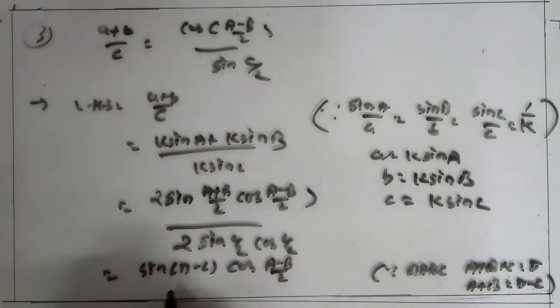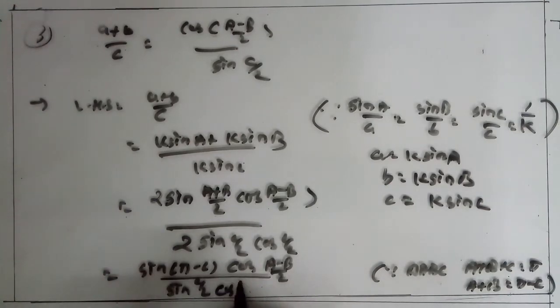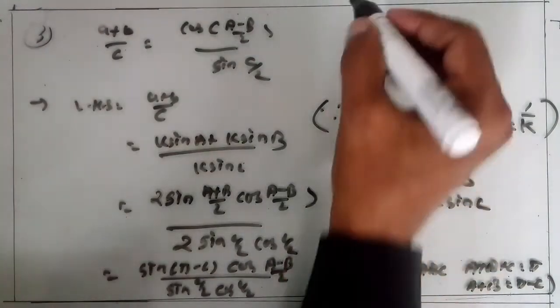Clear? Here the denominator is 2 sin C by 2 into cos C by 2. Clear this? Sin of (pi minus C) is equal to sin C, we know that.